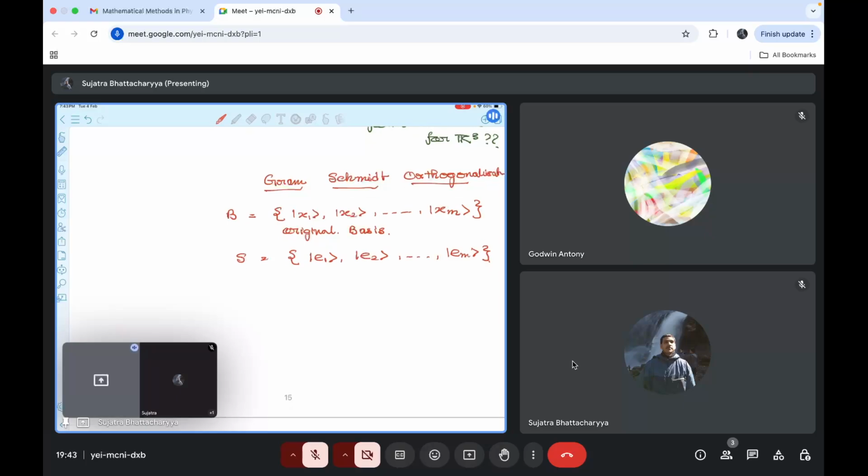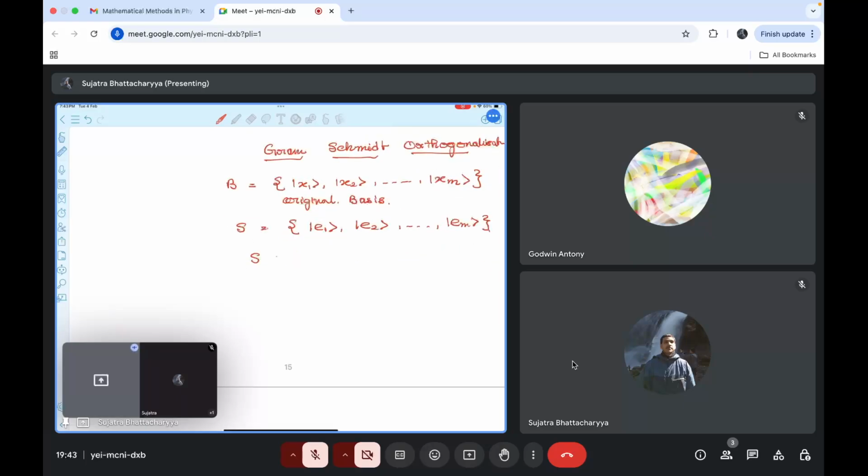So what they are saying is that each vector in S can be constructed such that each vector, that is e1 or e2 or e3, is a linear combination of vectors of B. Of course, because that is forming a basis.